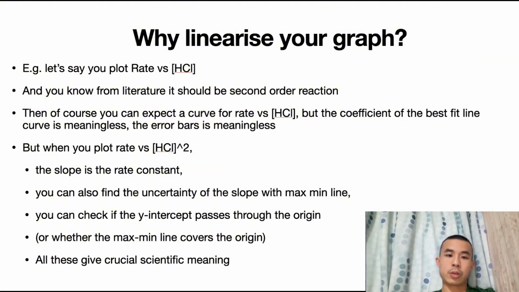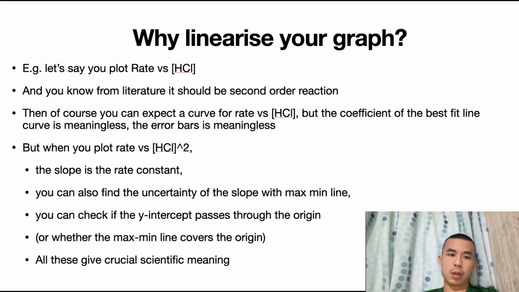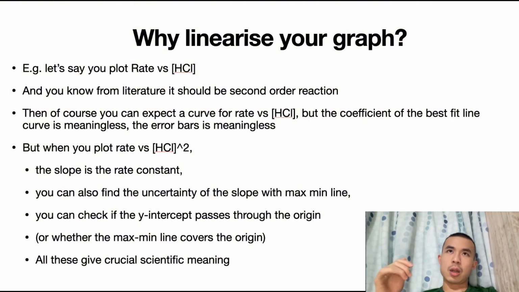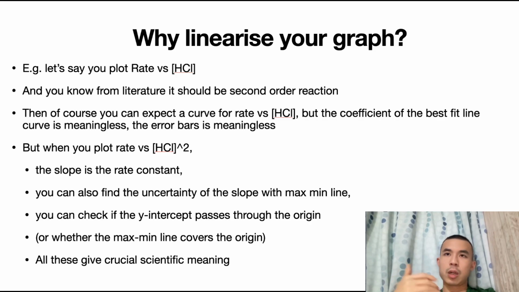Yeah, so as you can see, this is what I covered just now. Of course, I would want to mention that a straight line is not always better, so you should not try your best to make a straight line no matter what, even though there is no literature support.